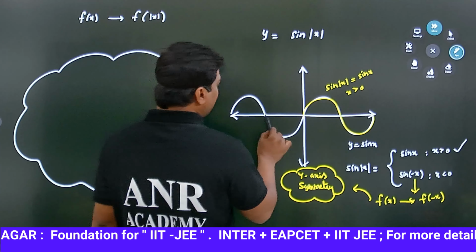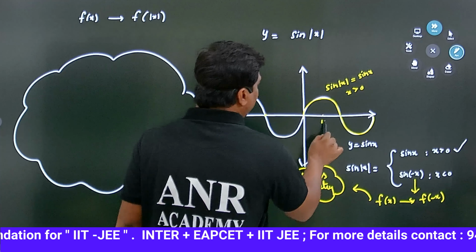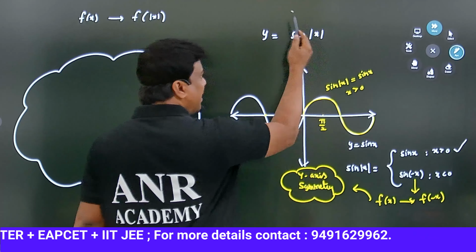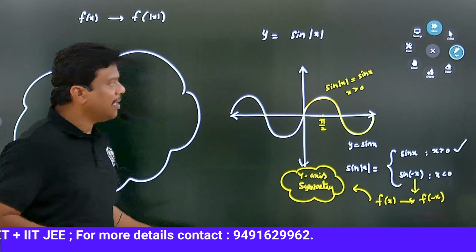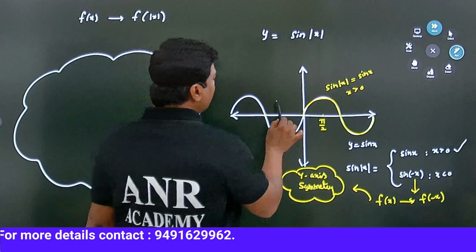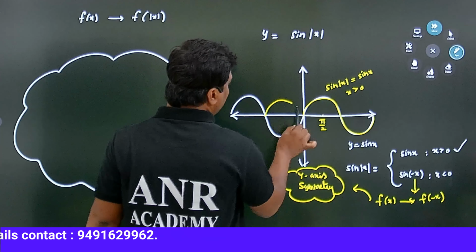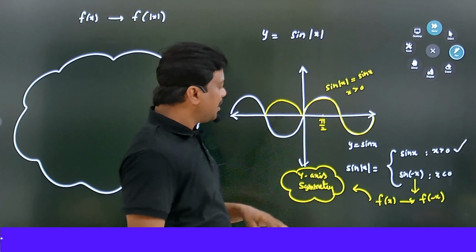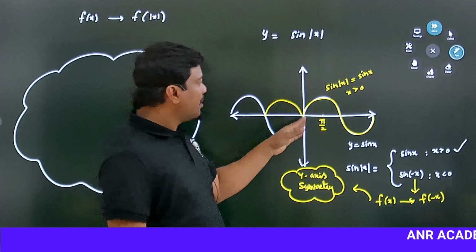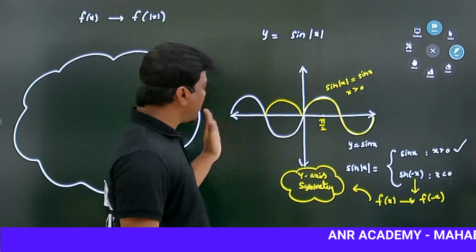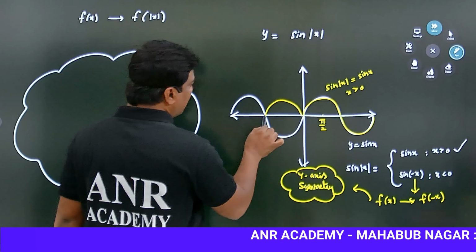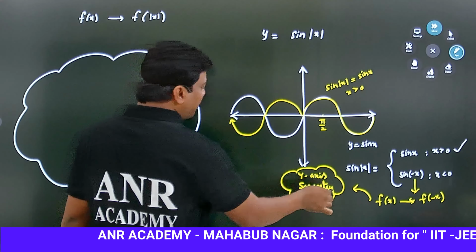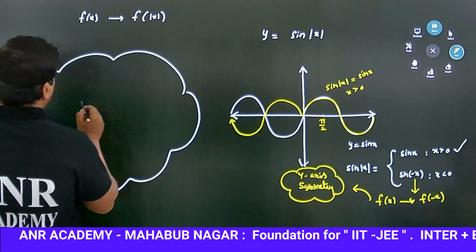Suppose if you write pi by 2, sin 90 value is 1. If you write minus pi by 2, due to modulus sign, again that becomes sin pi by 2, 1. So you will get the graph in this way. That is the same graph which you have in the right part, the same symmetric graph exists here with reference to the y-axis. So the graph is y-axis symmetry.